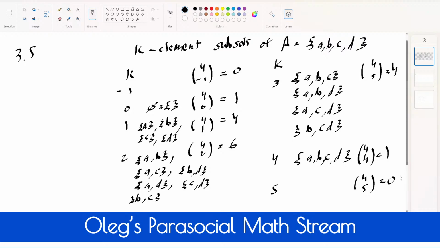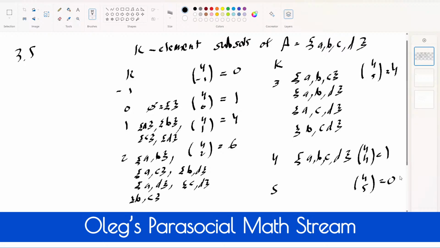Notice that if k is negative or greater than the cardinality of A, then A has no subsets of cardinality k. So 4 choose k would be equal to 0 in those cases. Basically what I just went over. In general, n choose k is equal to 0 whenever k is less than 0 or k is greater than n.